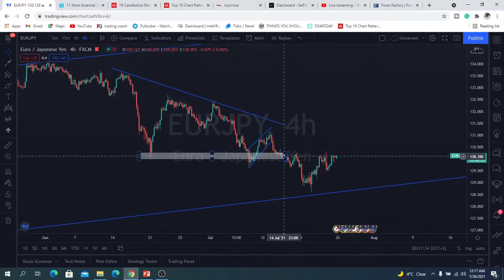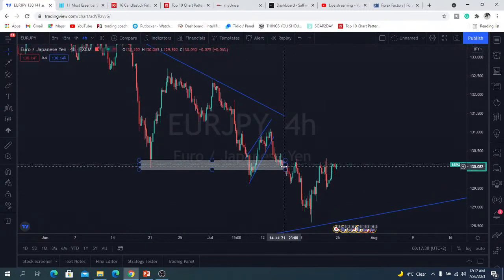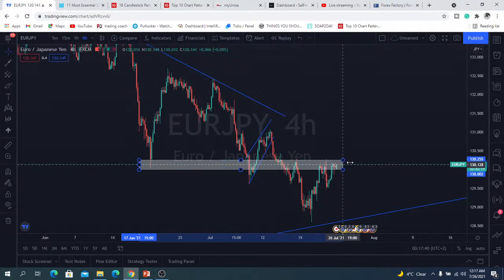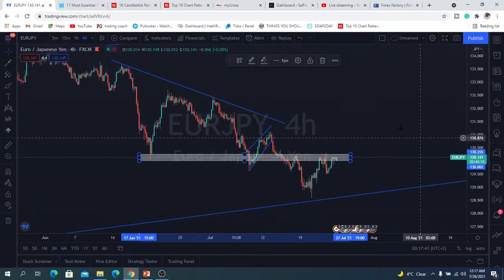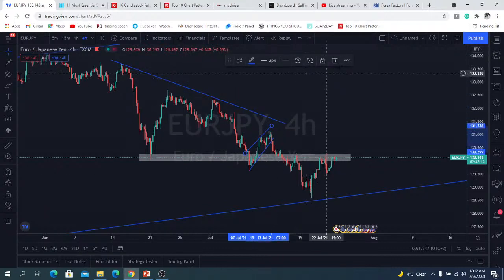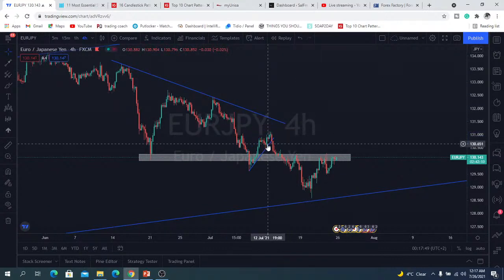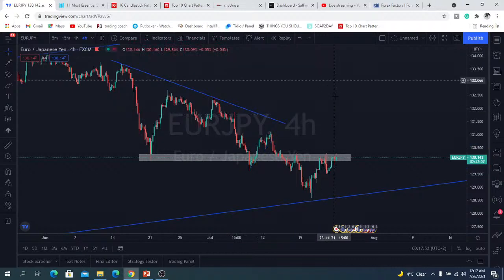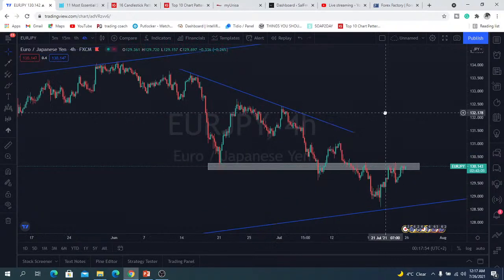We have this zone right here. If you don't know how to get these zones, where to draw them, let me know. Let's talk about these things.